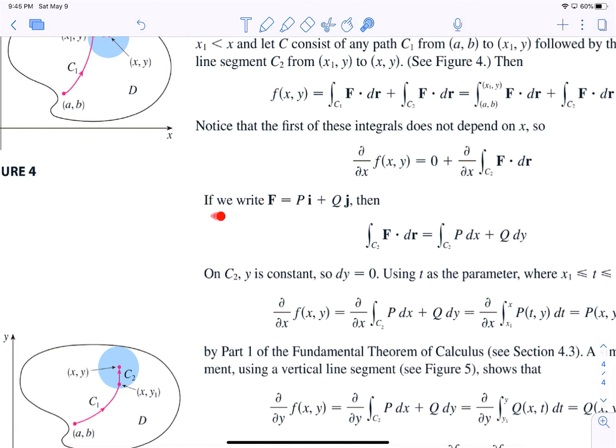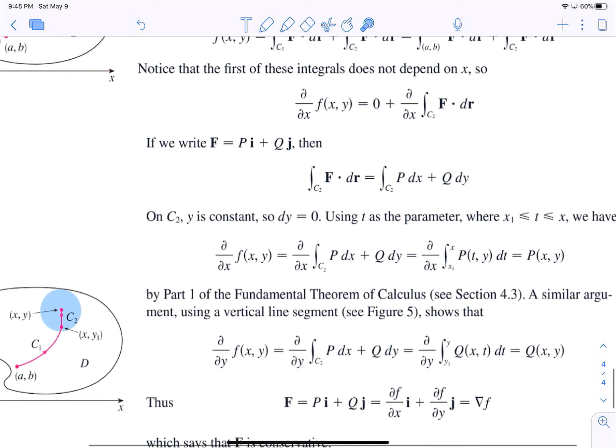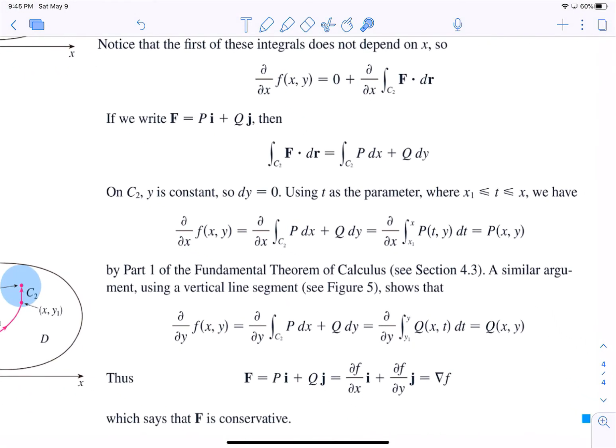Now, writing down the components of F as Pi plus Qj, we get that that second integral is the line integral over C2 of P dx plus Q dy. But remember, along C2, y is constant, so dy is 0, and we end up with, when we do some replacement using t as a parameter, ultimately the partial with respect to x of f turns out to be P of xy, because we're effectively differentiating the integral of P dx.